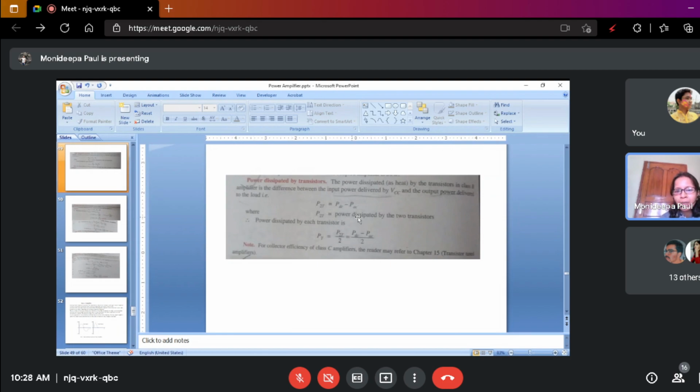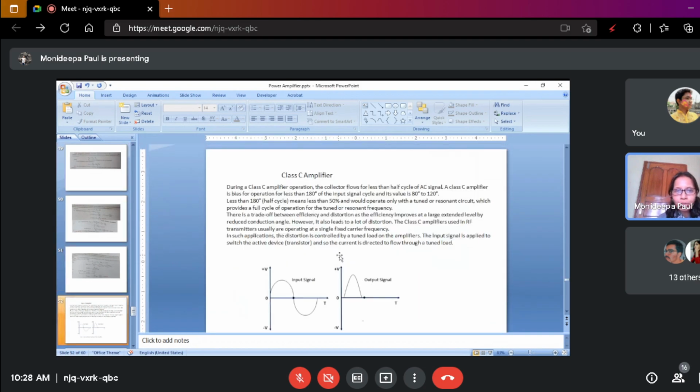So P2T, where 2 represents the two transistors, is equal to PDC, the input power, minus PAC, the output power. The power dissipated by each transistor is PT equals P2T by 2. I think it is clear for everyone; nothing critical is involved. First we find the total power dissipation, then since two transistors are used, we divide by 2 to get the power dissipation of a single transistor.